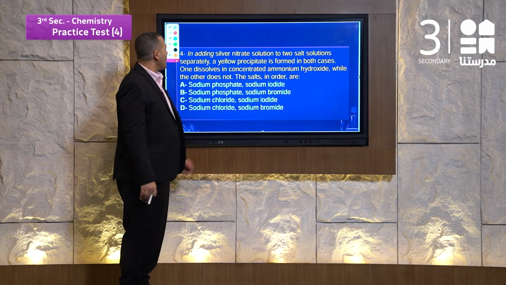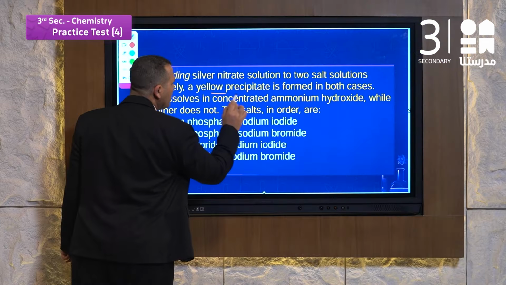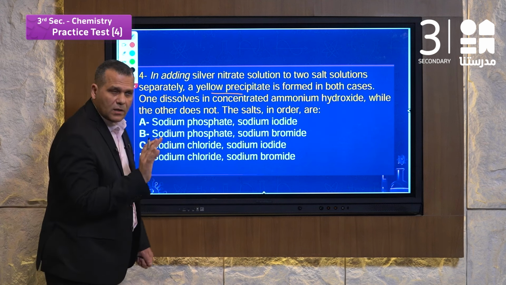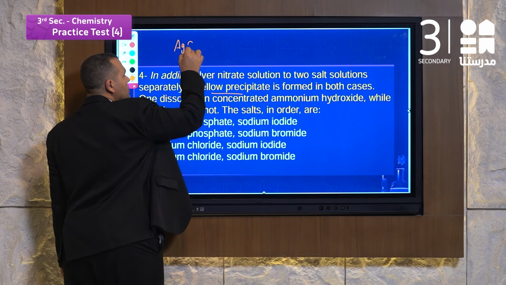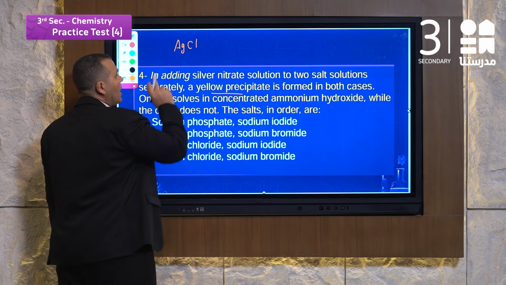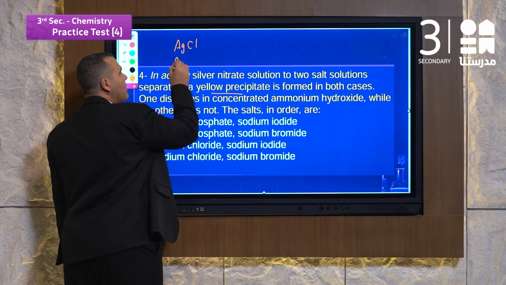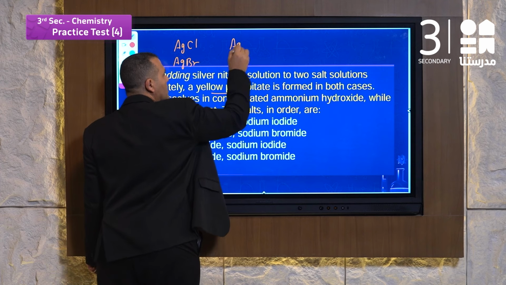The next question. In adding silver nitrate solution to two salts solution separately, yellow precipitate is formed in both cases. كلنا عارفين, silver nitrate is used to detect chloride forming silver chloride, with bromide silver bromide, iodide silver iodide.